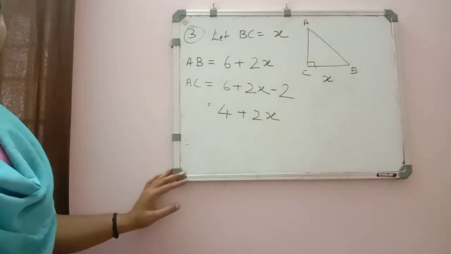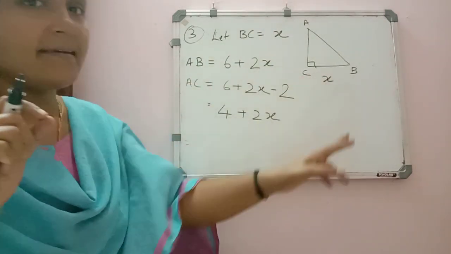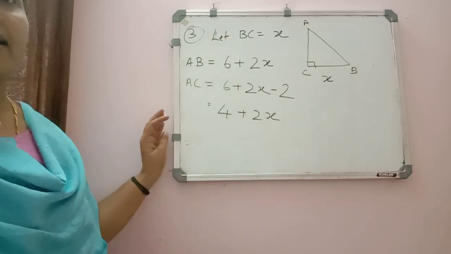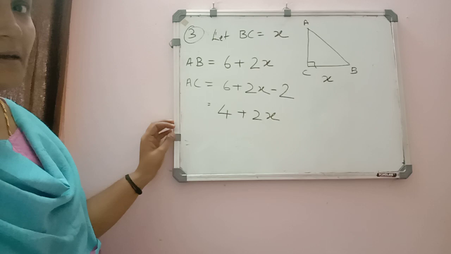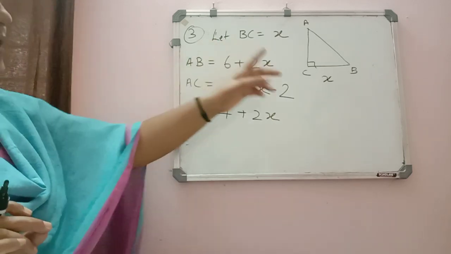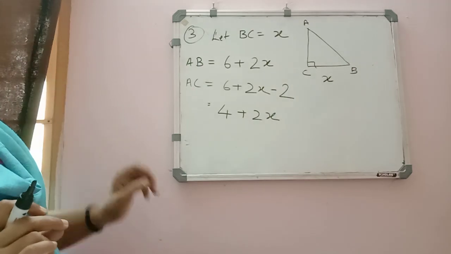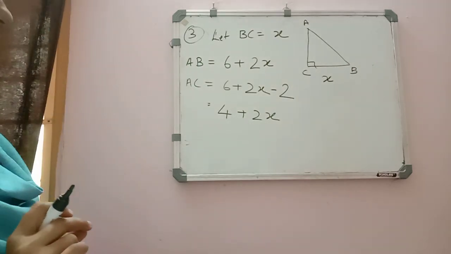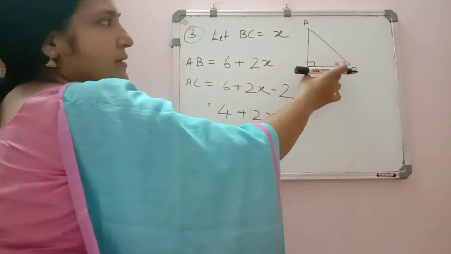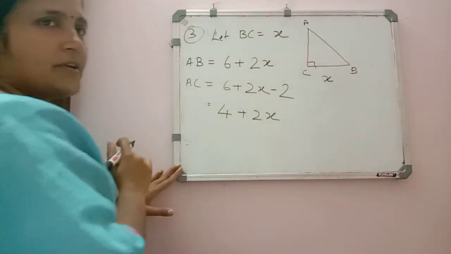Since it is a right triangle, we have to use the property of a right triangle, that is Pythagoras theorem. Pythagoras theorem says, hypotenuse square is equal to base square plus altitude square.